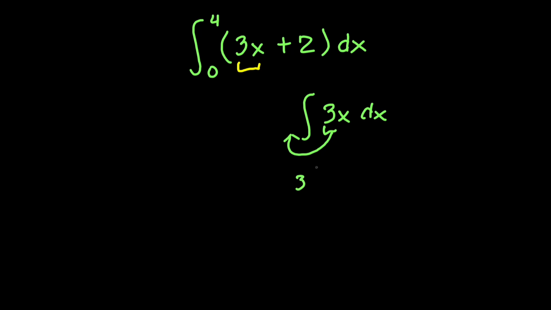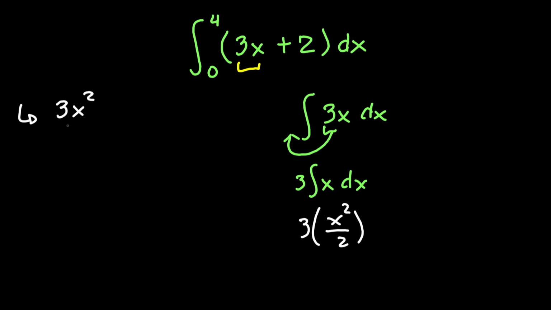So, this is 3 times the integral of x. And so, you can focus on this. The integral of x would be x to the power of 2 over 2. And you can multiply by 3. So, you are given an answer of 3x squared over 2. So, that is your integral for 3x.